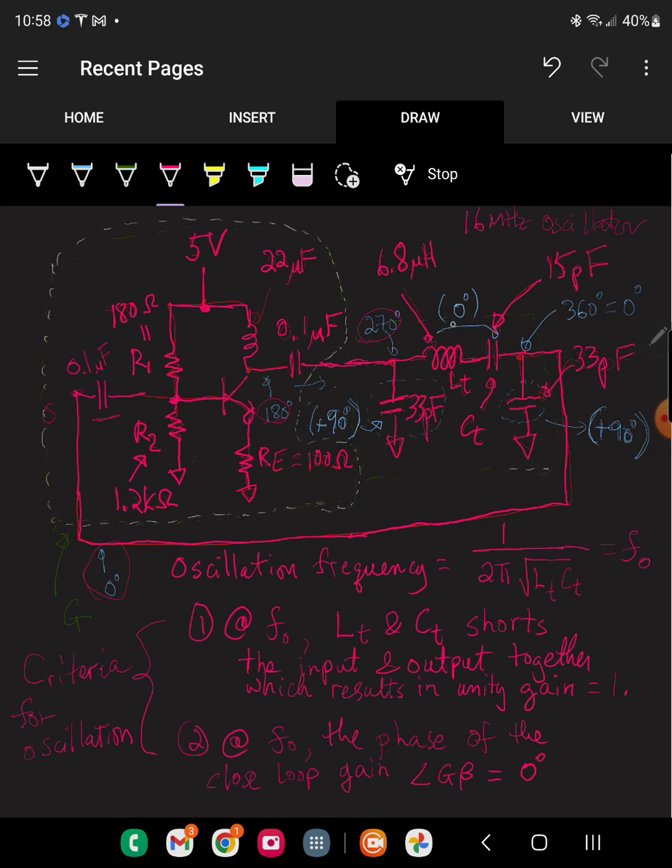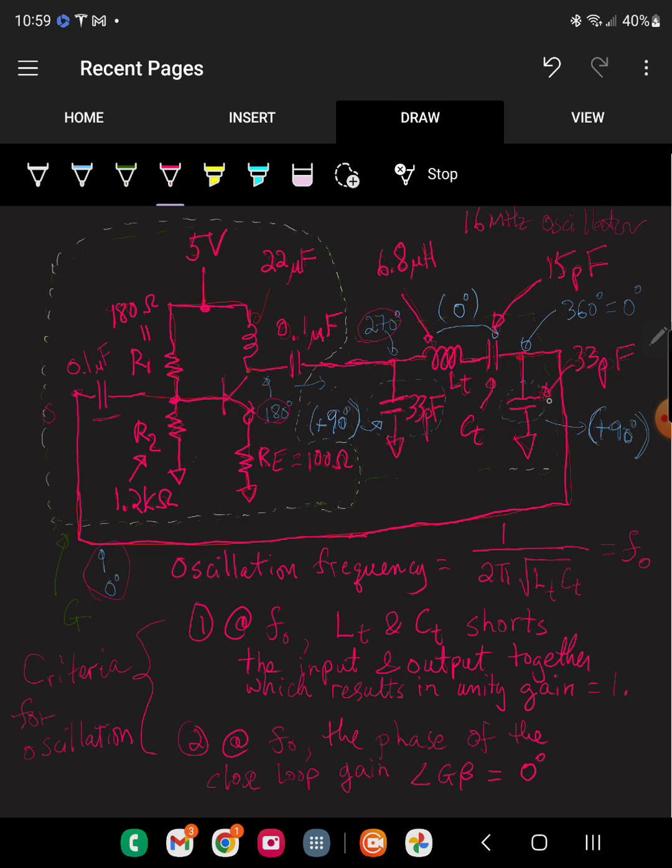So it adds zero degrees of phase at this resonant frequency, and this is the resonant frequency where the circuit begins to oscillate, and I'll explain why. So again, at this point, this cap adds 90 degrees to the signal. So it went from 180 degrees to 270 degrees here. At resonant, the oscillation frequency, this is a short, so it adds 0 degrees of phase as the signal goes through here.